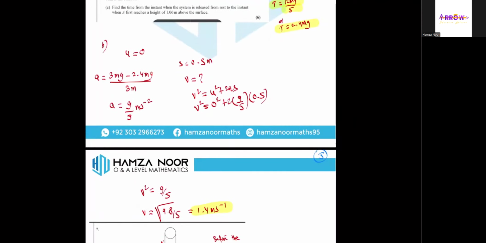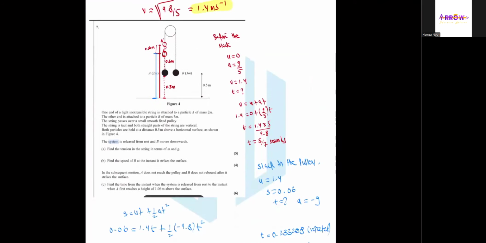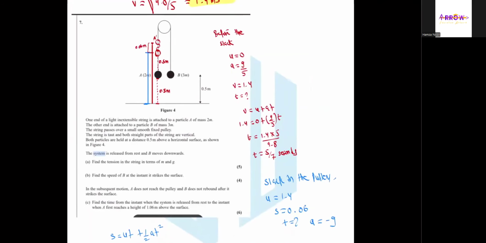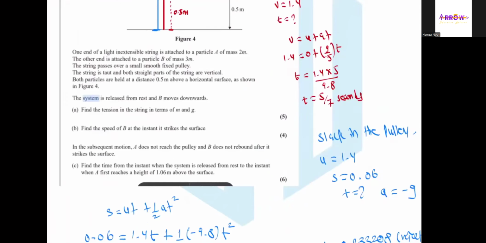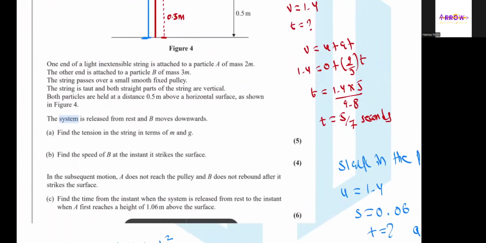All right, so now let's move on to the next part. Here we have some story before part C. Let's see what the question is saying. It says that in the subsequent motion, A does not reach the pulley and particle B does not rebound after it strikes the surface.